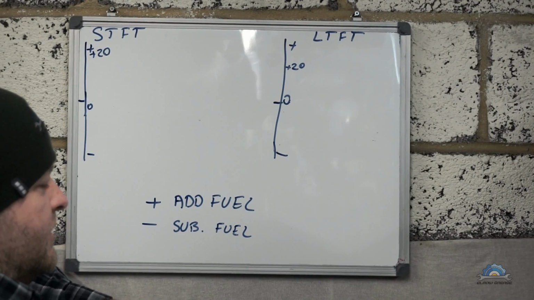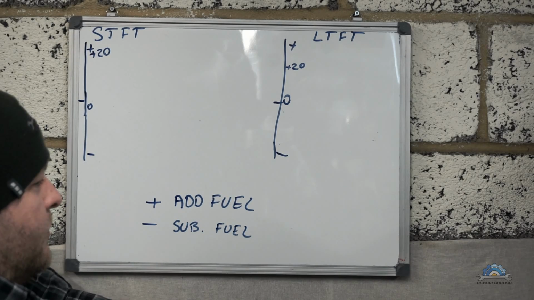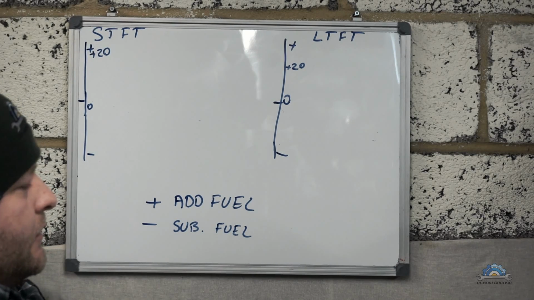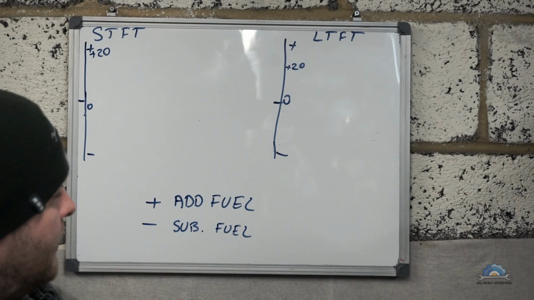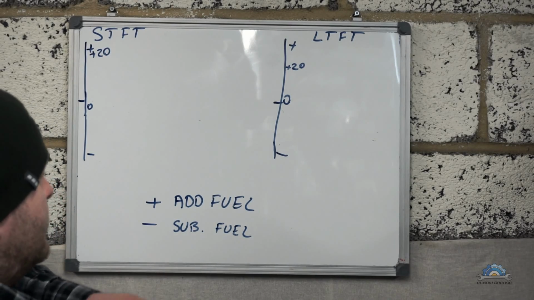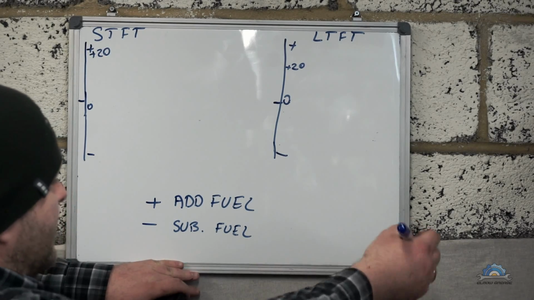Let's say we have a blockage or something wrong with the fuel delivery. For example, a weak fuel pump, or the fuel filter is blocked and is not giving enough pressure, and we just don't know that. What's happening?